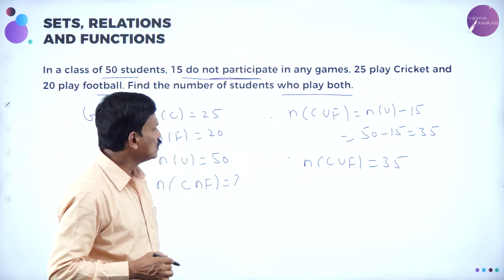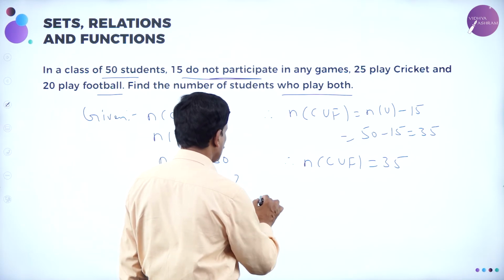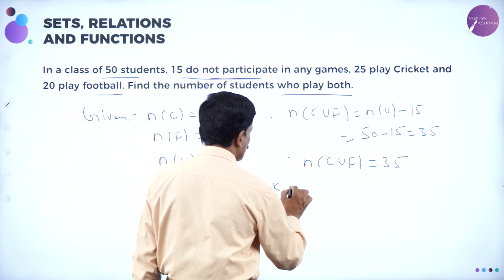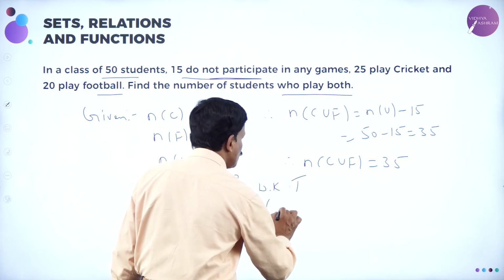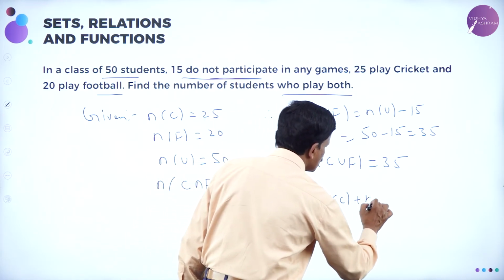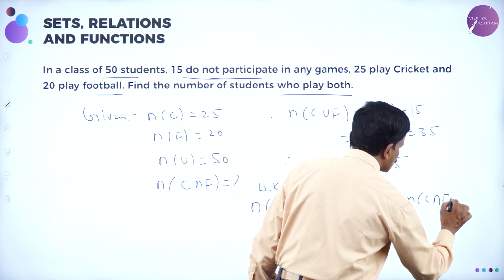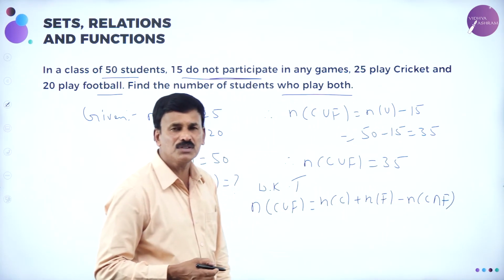Now N of C union F is 35, and what is required is the intersection of C and F. We know the formula: N of C union F is equal to N of C plus N of F minus N of C intersection F. Using this formula we can simplify.